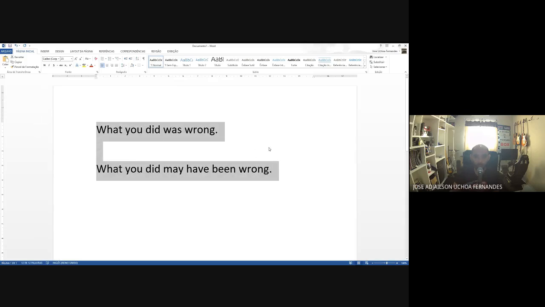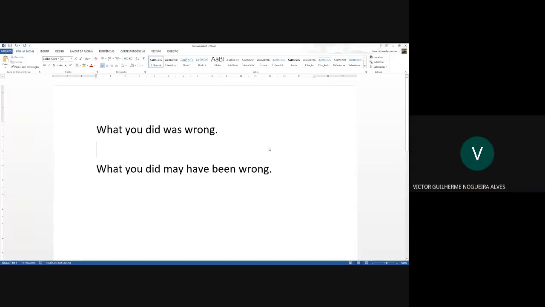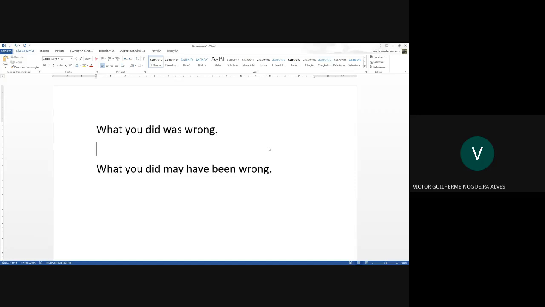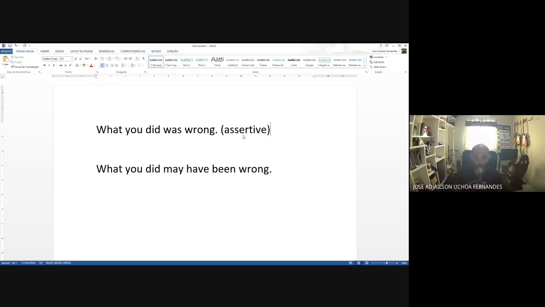Do these sentences mean the same thing? Not really. And what's the difference, semantically? One of them is more certain, and the other one has like a possibility open to interpretation. Yeah, this one is assertive. This one is modalized.